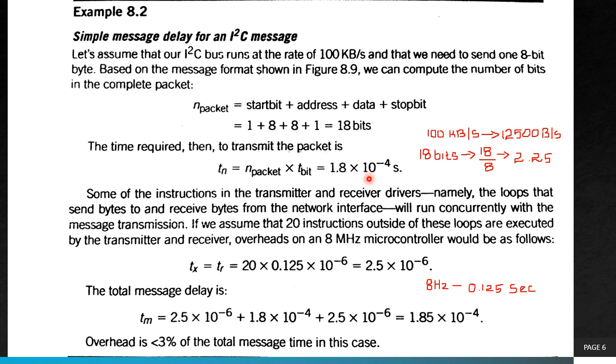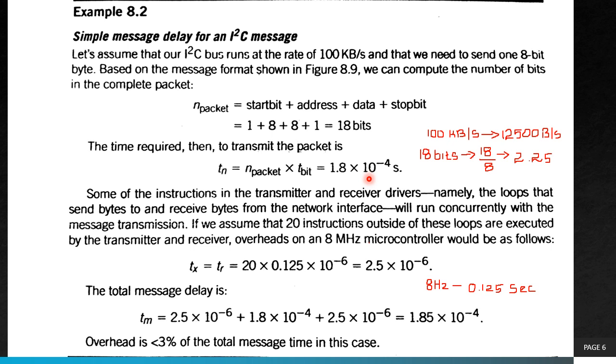Some of the instructions in the transmitter and receiver drivers, namely the loop, run concurrently with the message transmission. Let's assume that there are 20 instructions outside of this loop in both receiver and transmitter, with overheads on an 8 megahertz microcontroller.